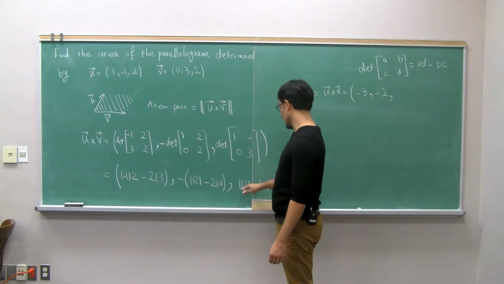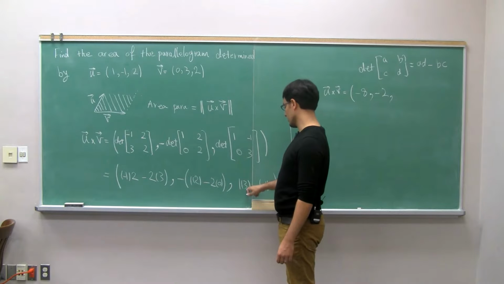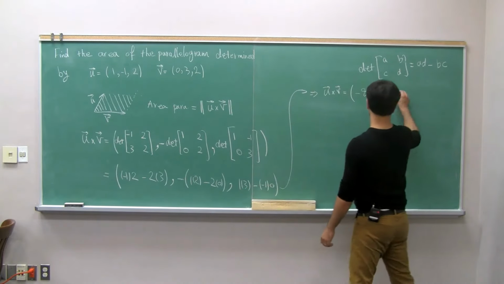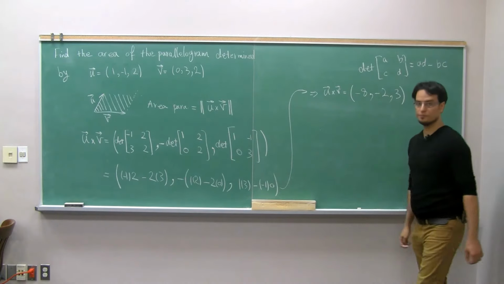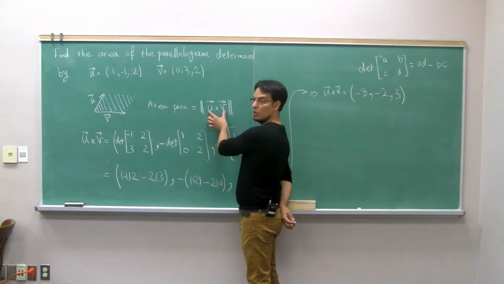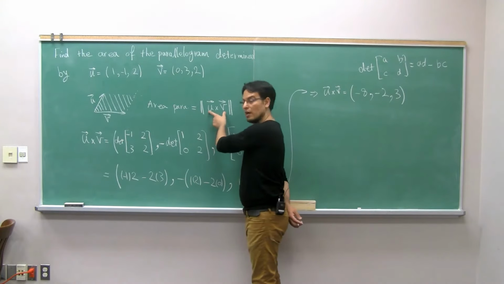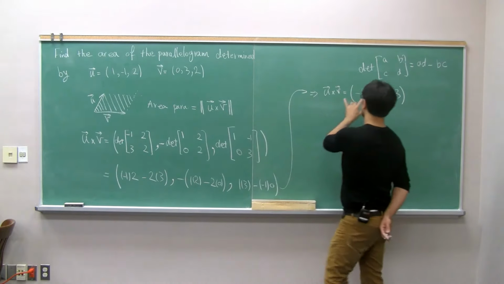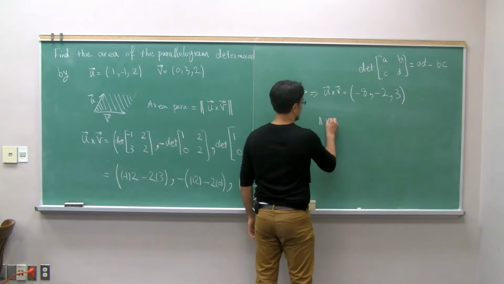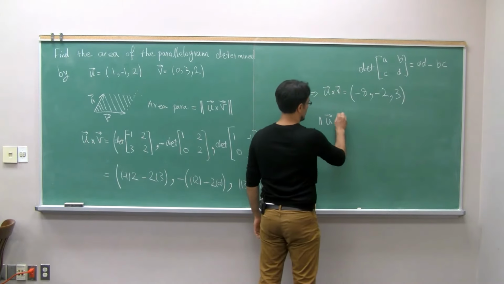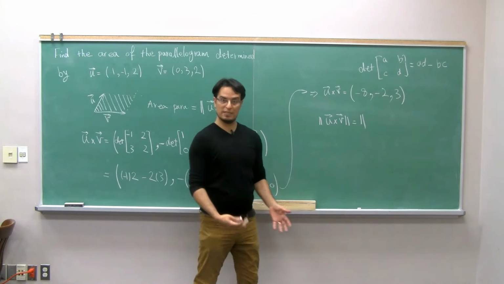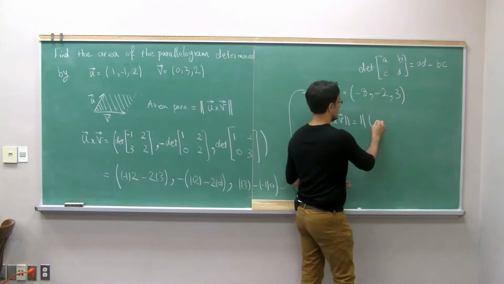And the last component is 1 times 3, which is 3, minus 0. So 3 minus 0 is 3. Well, that's great. I found the vector. But to find the area, I need to find the length of this vector. So I have to find the length of U cross V, which now I know is this vector.